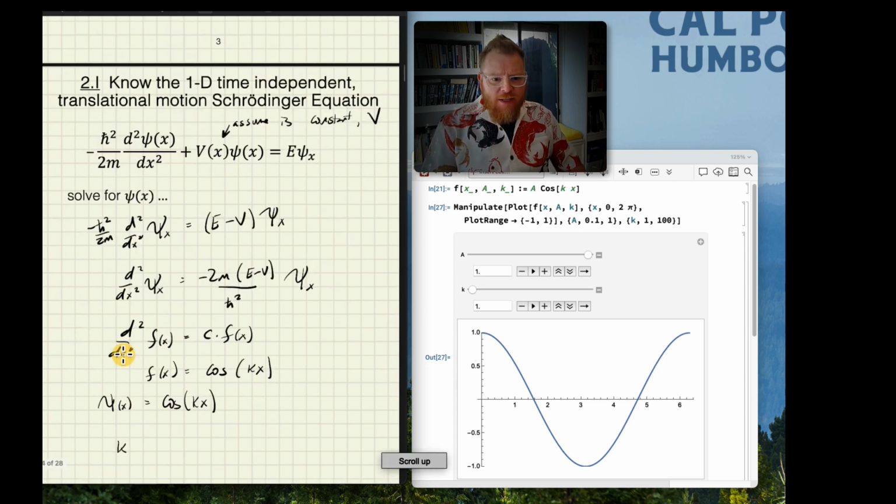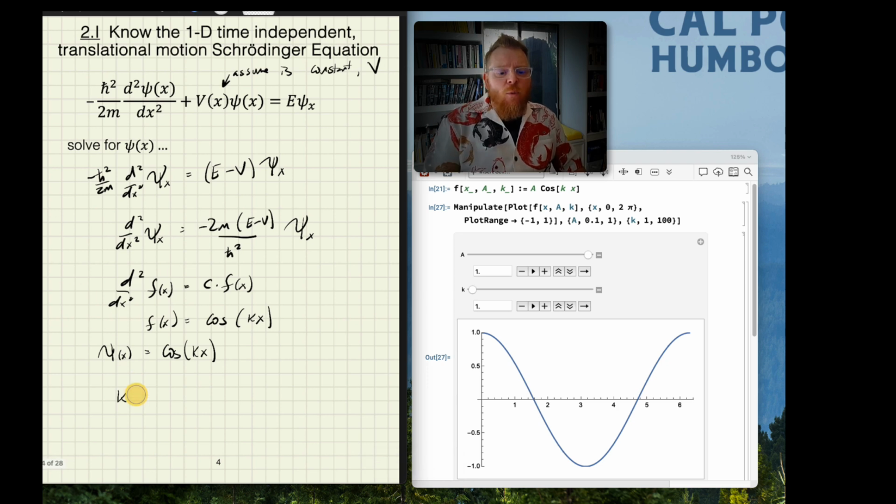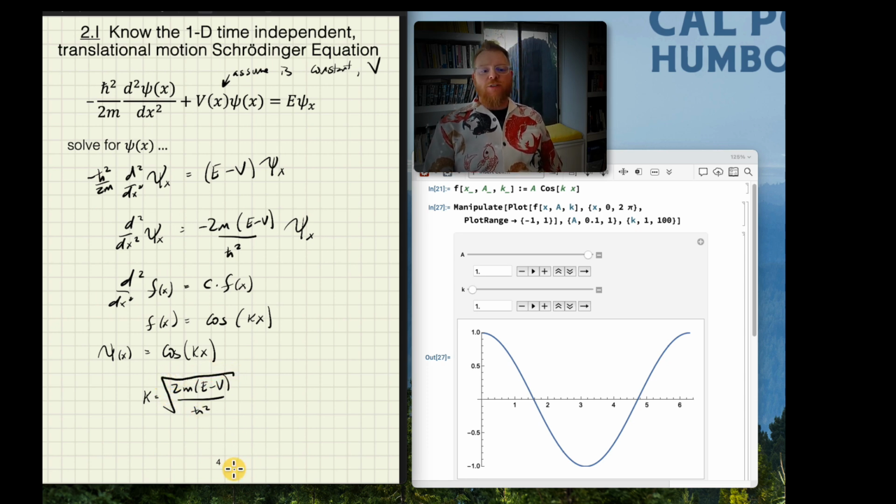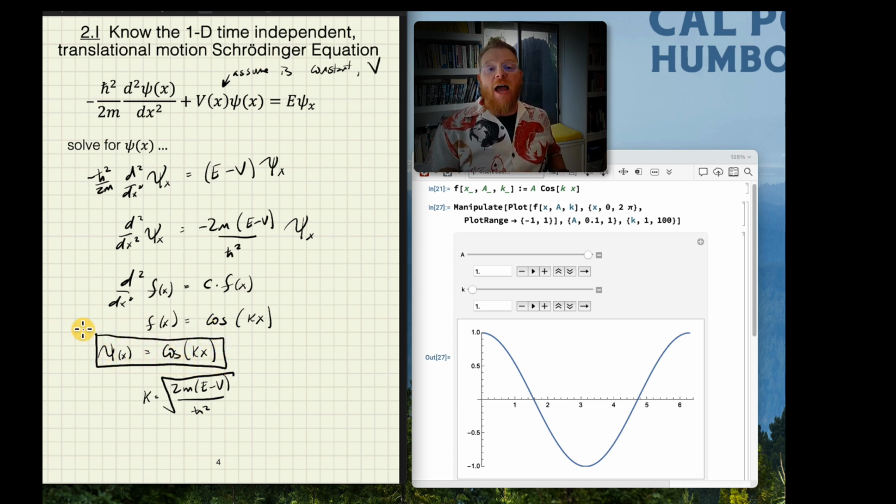That constant k, it might not be obvious for us yet where this comes from, but we could write that as the square root of 2m times the quantity E minus V all over h bar squared. So this is the solution for our very simplified, one-dimensional, time-independent translational motion Schrödinger equation.